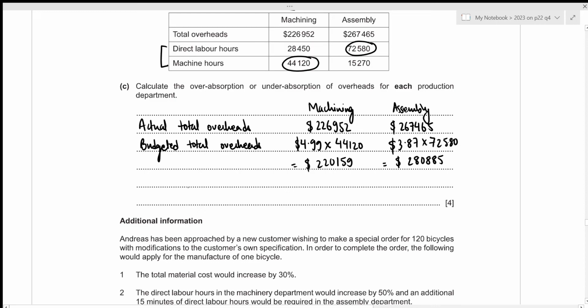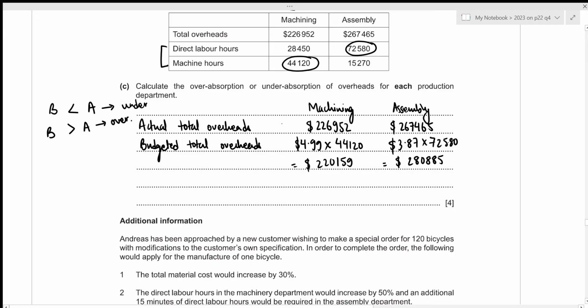Okay, now we need to figure out whether there was an underabsorption or overabsorption. Always remember that if our budgeted total overheads is less than our actual total overheads, it results in underabsorption. And if our budgeted total overheads is greater than the actual total overheads, it will result in overabsorption.